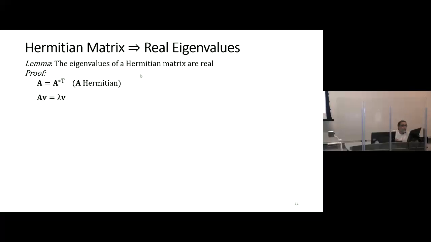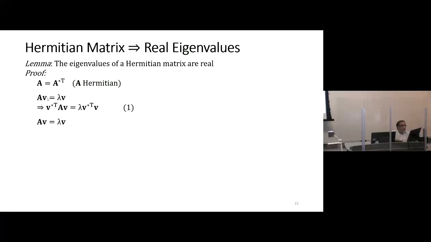Then by definition, AV equals lambda V for any eigenpair lambda, V. Let's pre-multiply both sides with the conjugate transpose of V. So V conjugate transpose AV equals lambda V conjugate transpose V. We'll call that equation 1.